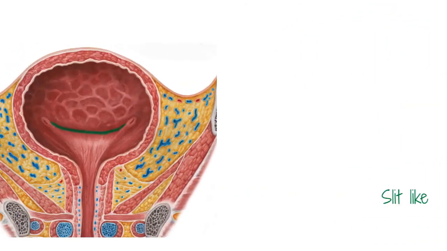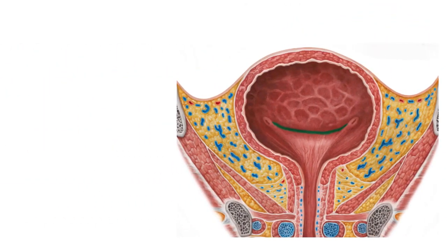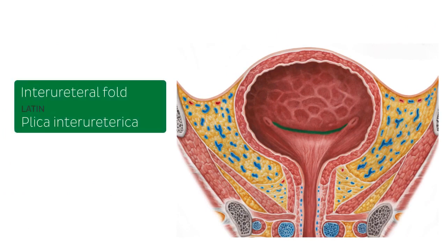Next there is this structure here now highlighted, which has a similar name, but we call it the interureteral fold. The muscle fibers between the two orifices, as you can see here, raise and form a fold which is known as the interureteral fold. The interureteral fold is a mucous membrane fold located between the two ureteric orifices.